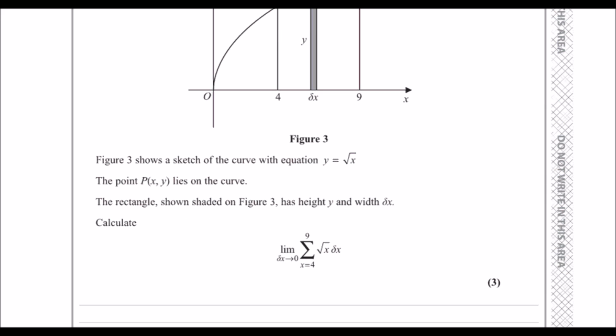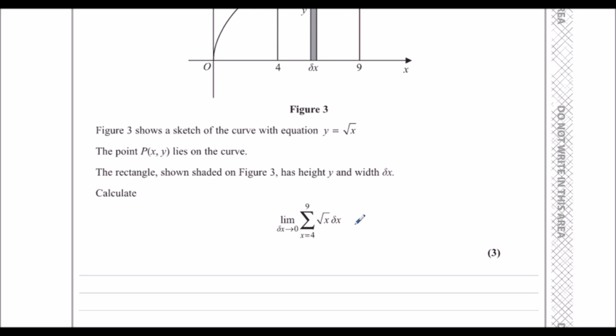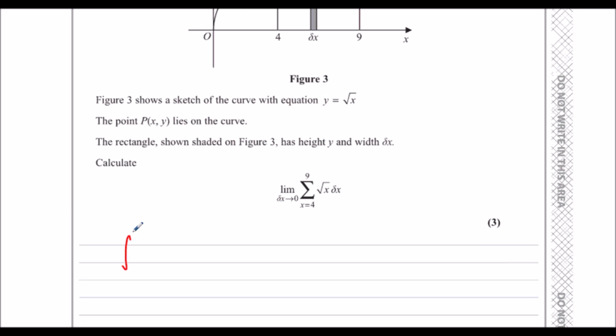And we do that using integration. It's just the notation they've used here looks a lot different to what we usually see. It's the same as the integral between 4 and 9 of root x with respect to x. That's what we're working out. And you can actually just put this in the calculator.